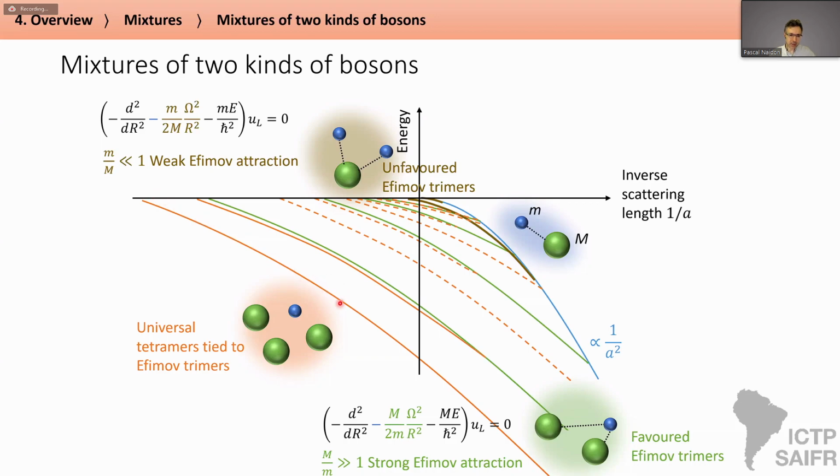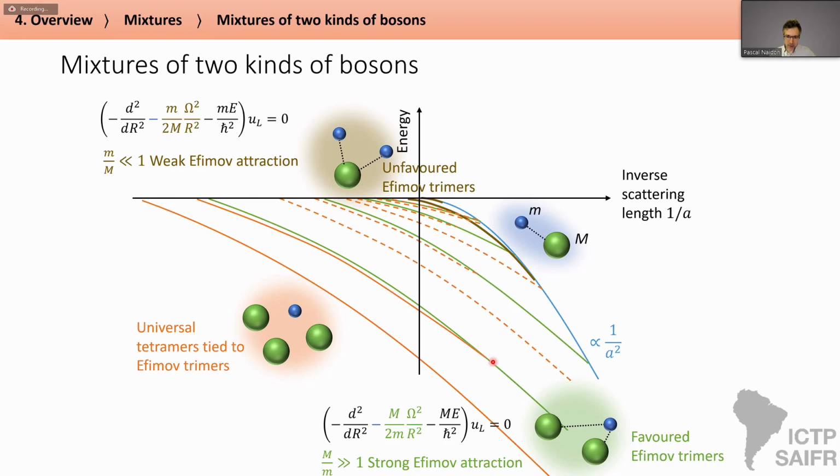But you can have, for example, 2 tetramer states below the trimer states. I don't fully remember the details, but it seems that in some particular regime, these trimer states actually dissociate.